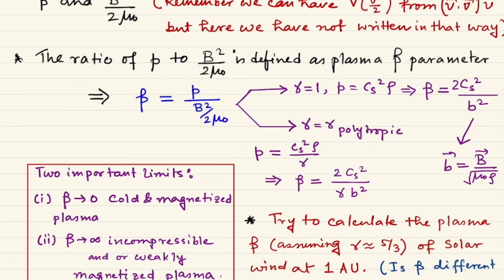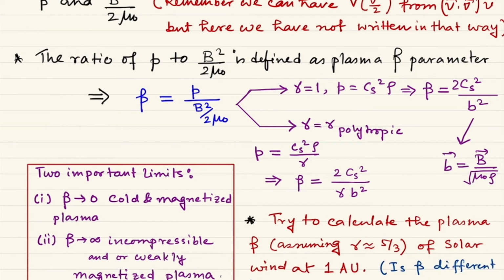On the other hand, from polytropic plasma one can go to the incompressible limit for gamma tending to infinity, a very large value. But the problem is that beta is equal to 2Cs square by gamma B square. Now Cs square is exactly tending to infinity, and gamma is also tending to infinity, and actually Cs square by gamma, which is P by rho, is something which is finite for an incompressible flow.